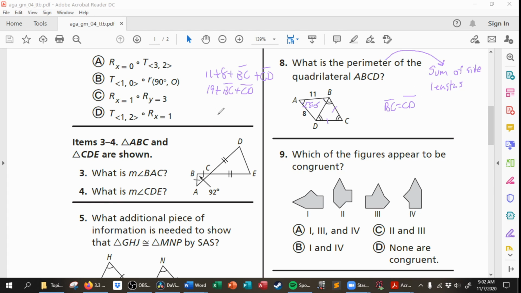So I could really just rewrite this as 19 plus 2 times BC, because CD can be turned into BC. BC plus BC is 2 times BC. And I just need to figure out what is the length of BC now, plug it in here, and I'm done. Let's break out the eraser tool really quick.